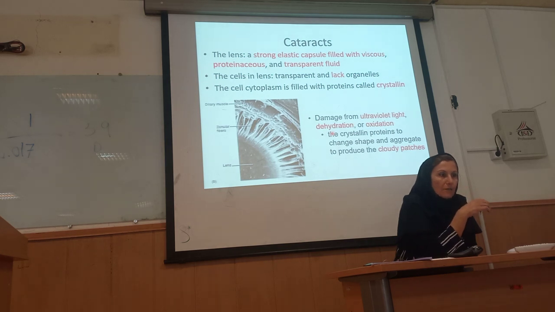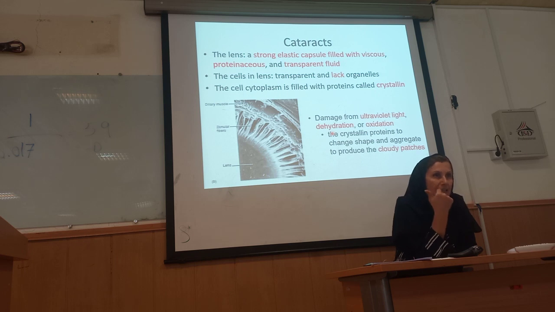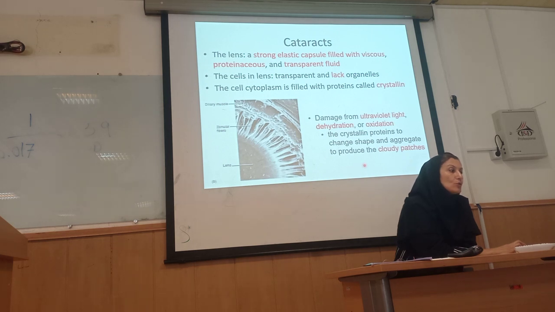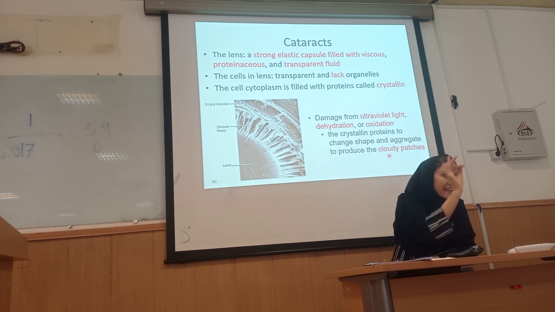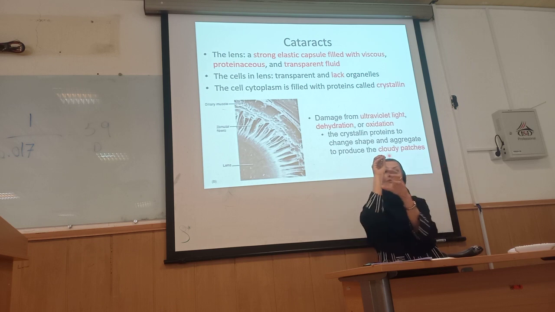If you are dehydrated for several days, your lens can be damaged. And by oxidation, that happens a lot. These crystalline proteins change shape and aggregate to produce a cloudy patch. Cloudy patch in the what?